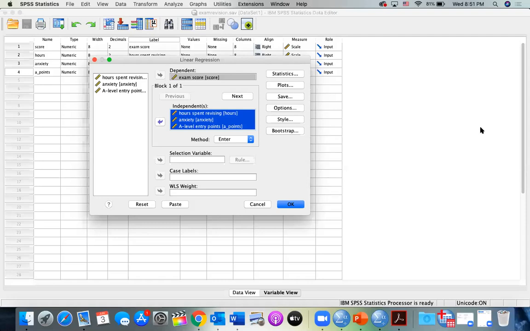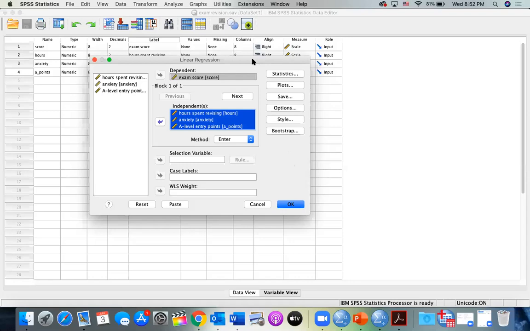As I said before, we don't really have to pay attention to the assumptions before doing any analysis, since SPSS gives us the option to decide which assumptions should be assessed through this window.